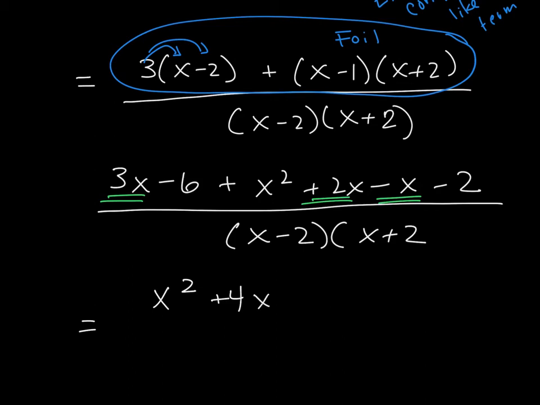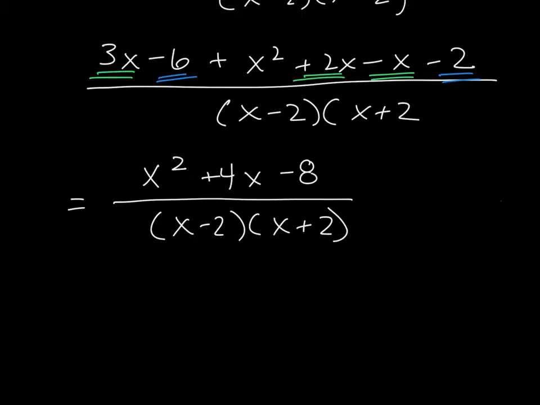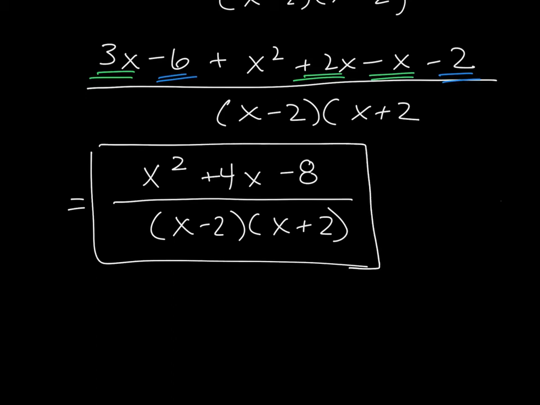And then lastly, I'm going to combine my numbers, which is my negative 6 and my negative 2, which leaves me a negative 8. All of that is over x minus 2 times x plus 2. And that will be your final answer here, because the numerator does not factor.